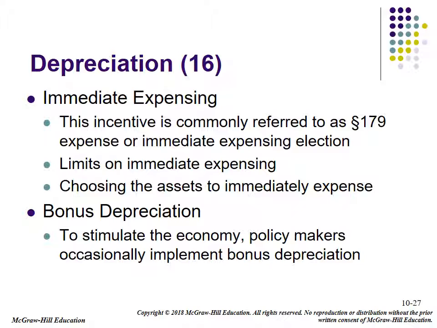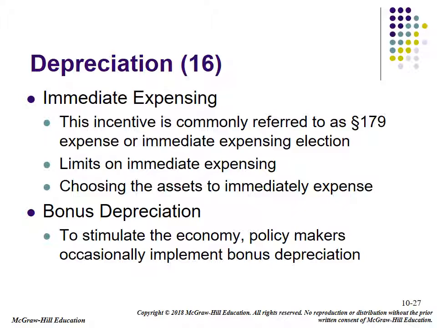Anyway, the next part talks about some special elections we can take. What we just talked about is normal MACRS depreciation, always available whether it's new or used. Personal and real property, except for land. The next two items are for special assets, and they allow for immediate expensing.